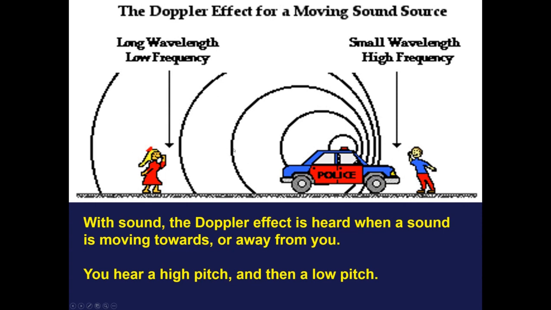And so this wave is now further to the right than it otherwise would be. So the wavelength behind the car has been, and there's a missing wave over here, by the way. They should be evenly spaced. Anyway, this really is a crappy picture. The wavelength back here behind the car is longer, bigger wavelength, lower frequency, low pitch.